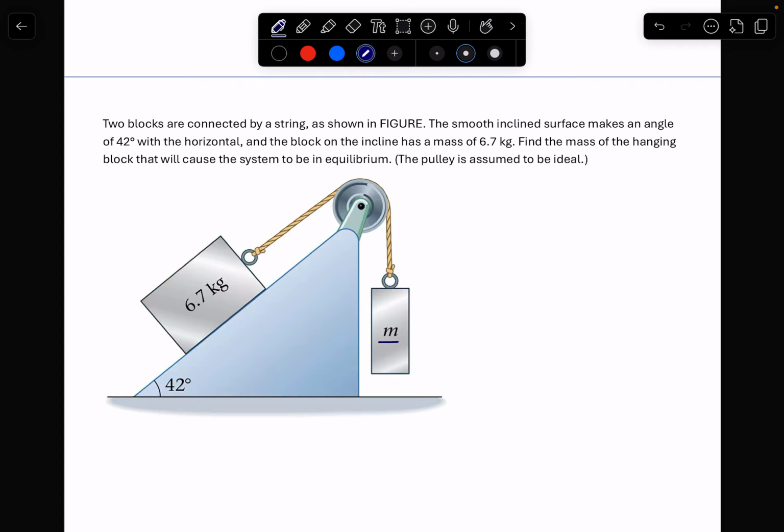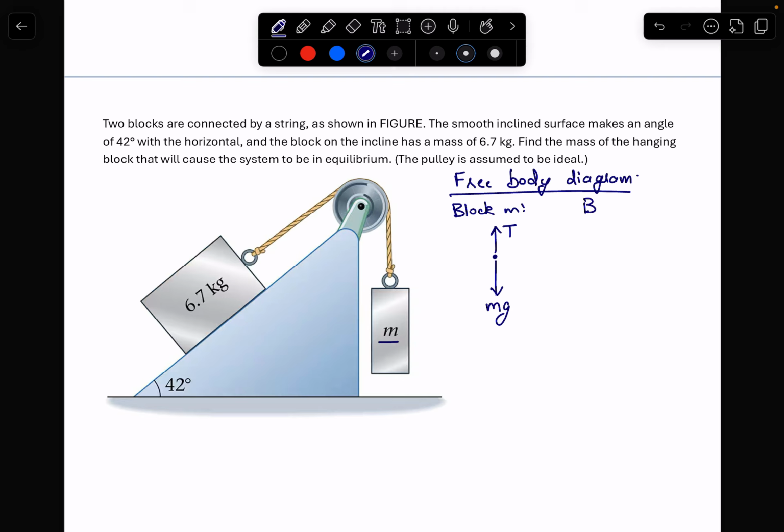All right, perfect. So again, a free body diagram is where we start. For the block with a mass M, gravity is in the downward direction, mg, and tension in the string in the upward direction.